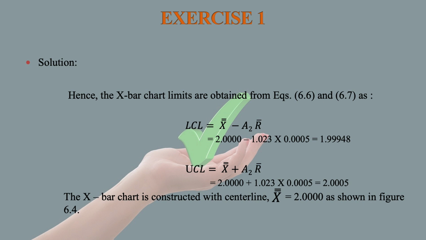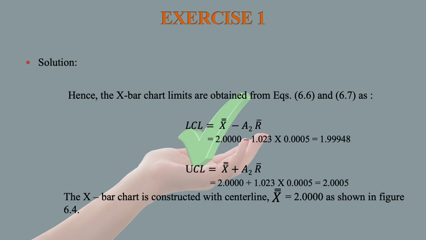In a similar way, you can calculate the value of UCL because the expression for the UCL is equal to X double bar plus A2 R bar. X double bar is already known, R bar is already calculated, and the value of A2 you can get from the statistical table.